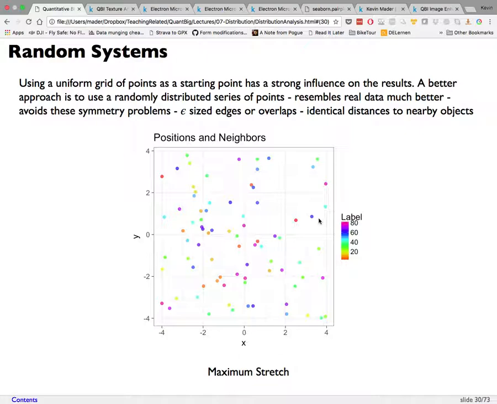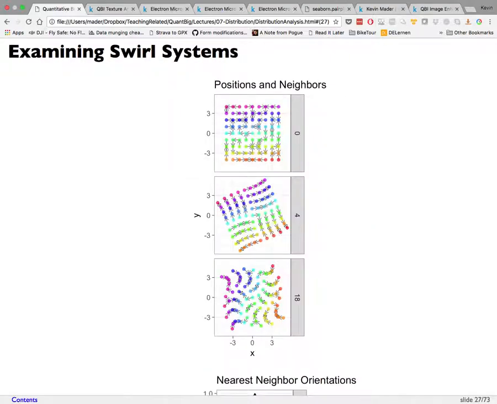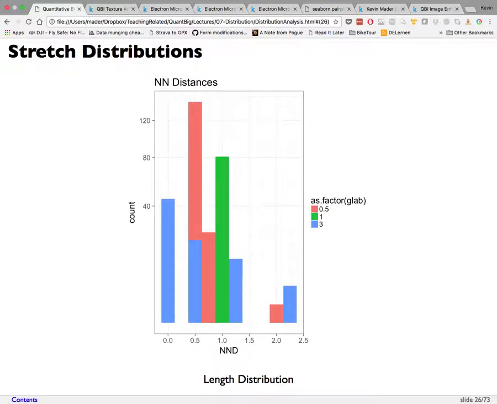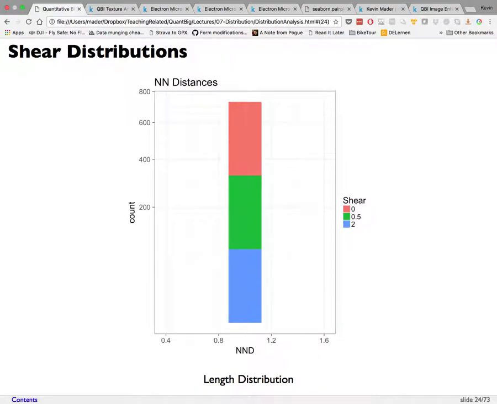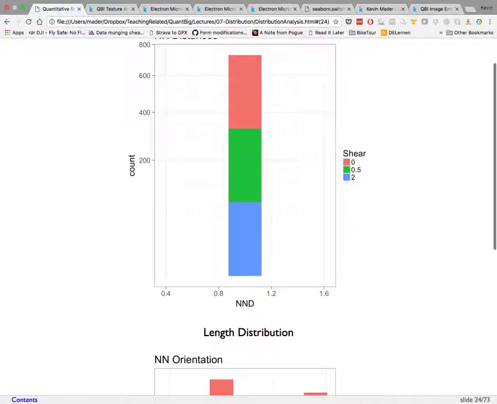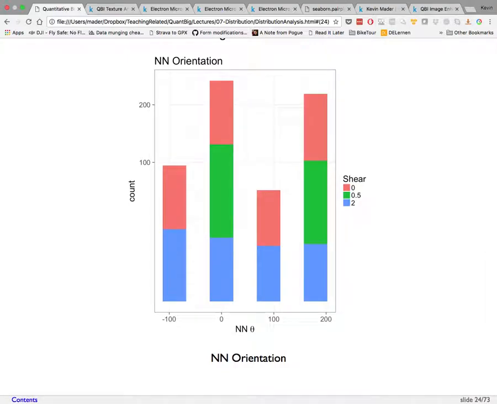It's a little difficult to get your head around some of these ideas at first. You don't have to know what a swirl is or how swirls work, but you should be aware of what compressing a system would do to your nearest neighbor distance, or what a shear would do to your nearest neighbor distance, and have a feeling for how these metrics apply to real systems.